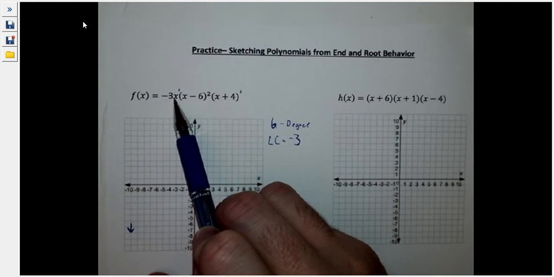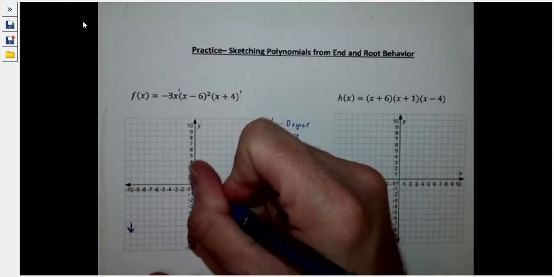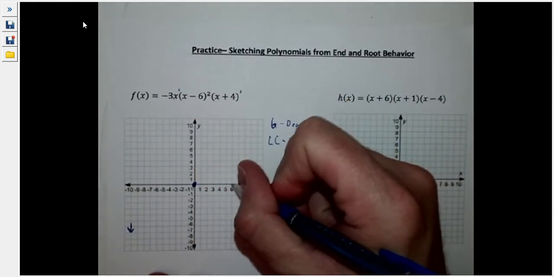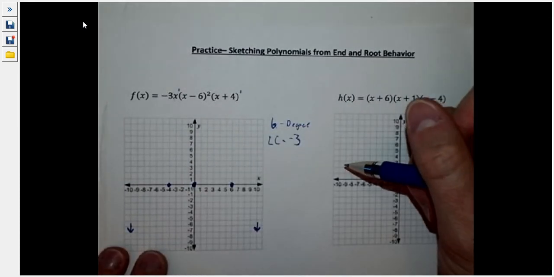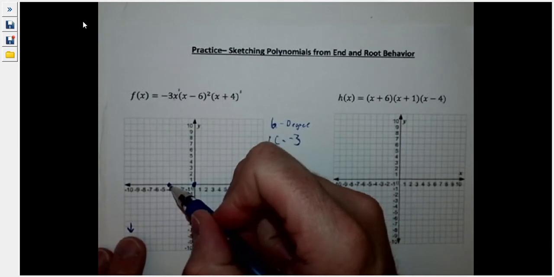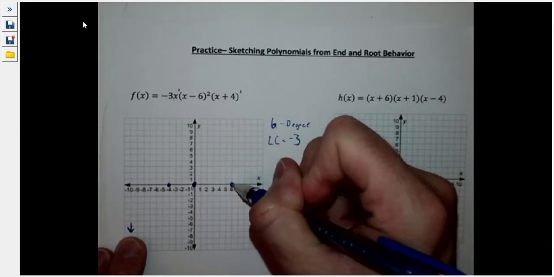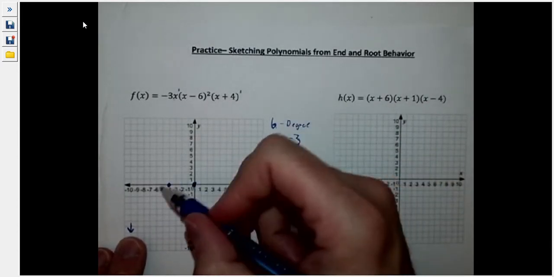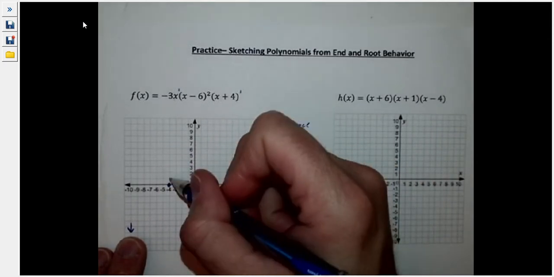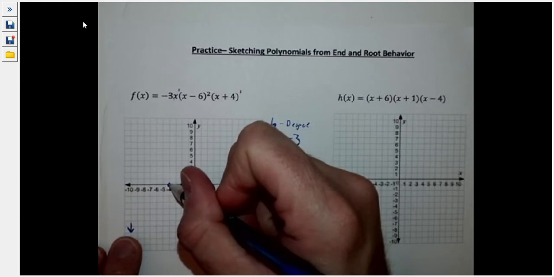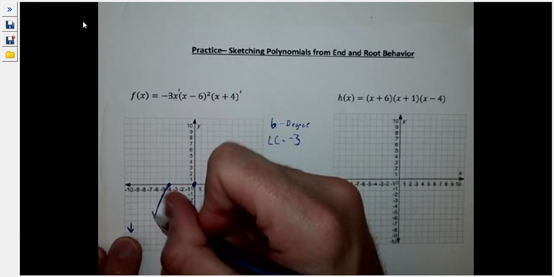My roots are at 0, +6, and -4. Okay, so again, since these are points we know the actual function hits the x-axis and they're the only place, when this function leaves, it's either going to go down or it's going to go up. Since I know the end behavior is down, I know it goes down here like this.